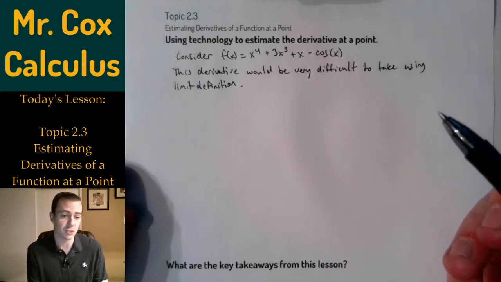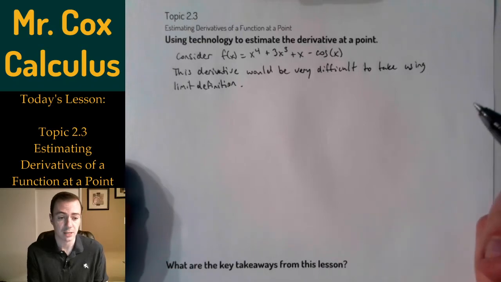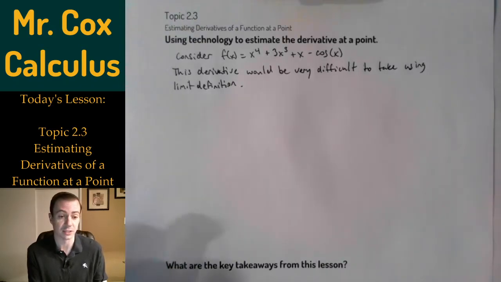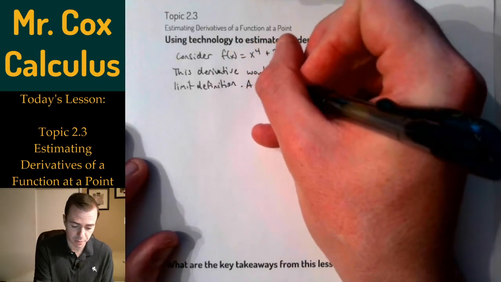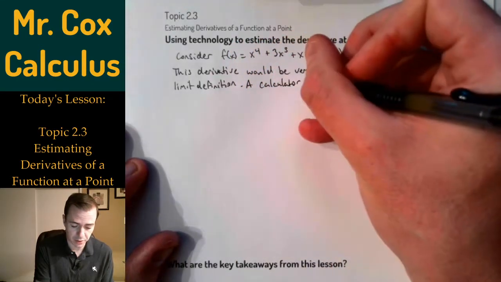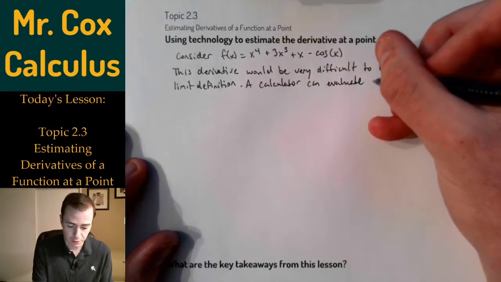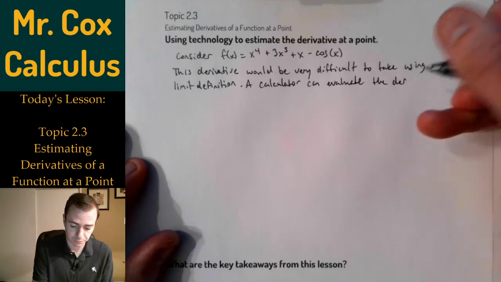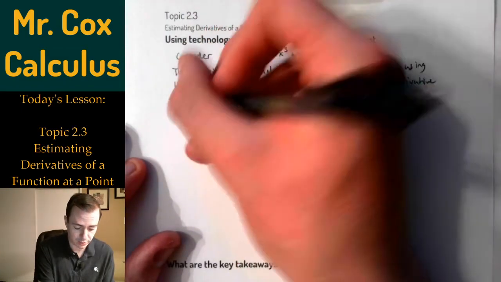So one of the things we do have, and we don't get to use it all the time, but occasionally we'll have a calculator active question that asks us to find the derivative at a point. And so we can use our calculator. The calculator can evaluate the derivative at a point.